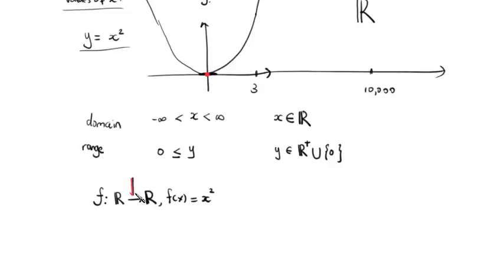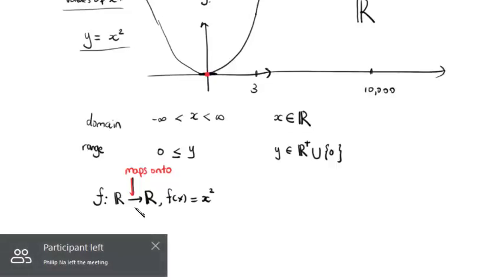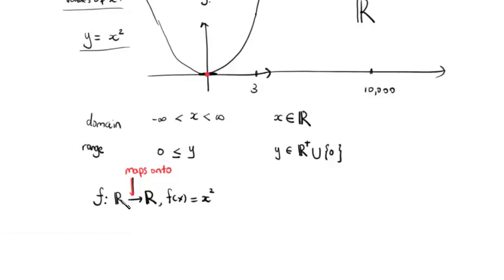So you can read this symbol here as "maps onto." And that's also real number. So you may think that this is a domain and this is range, but this is domain and this is called codomain.